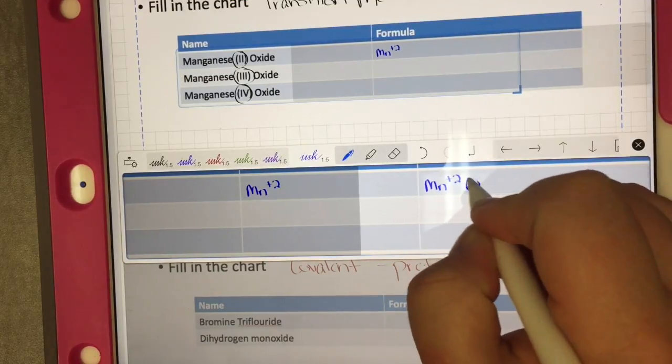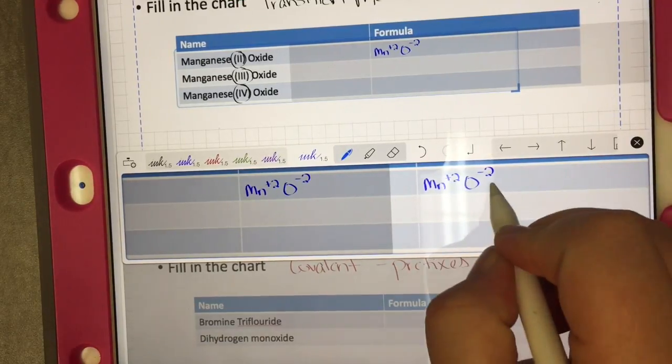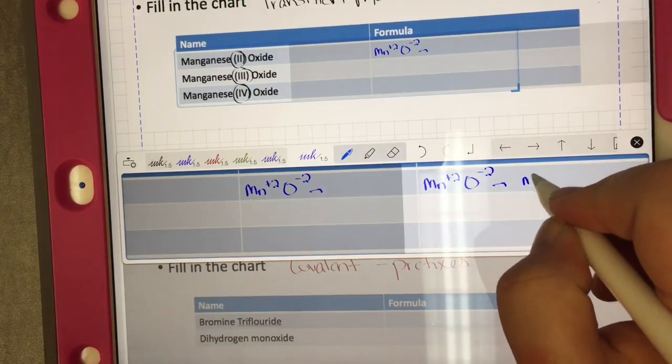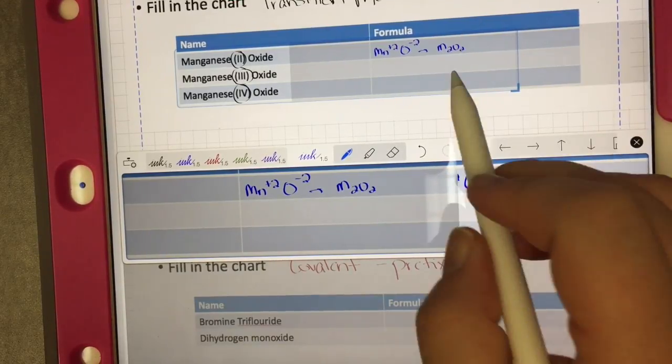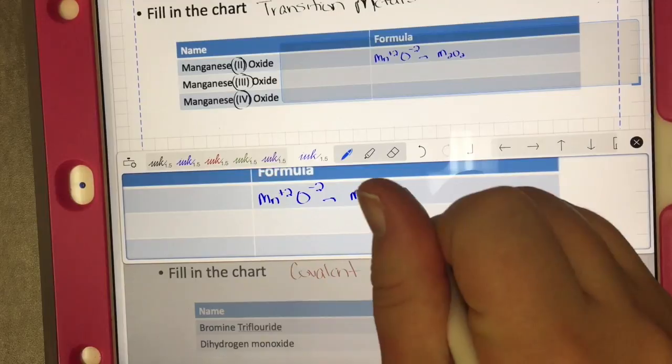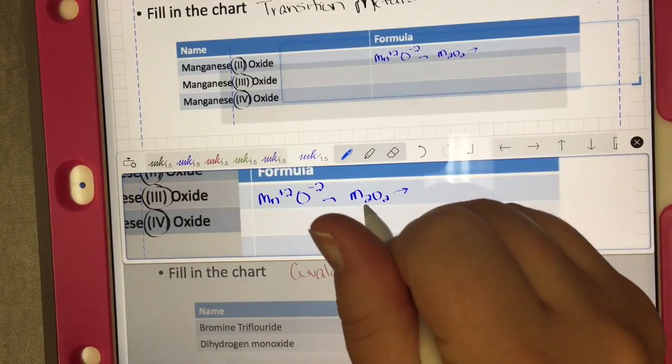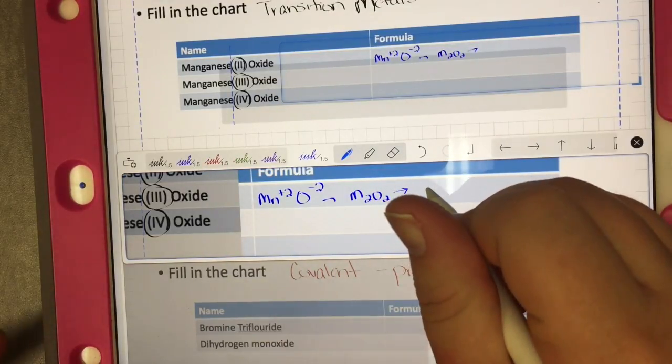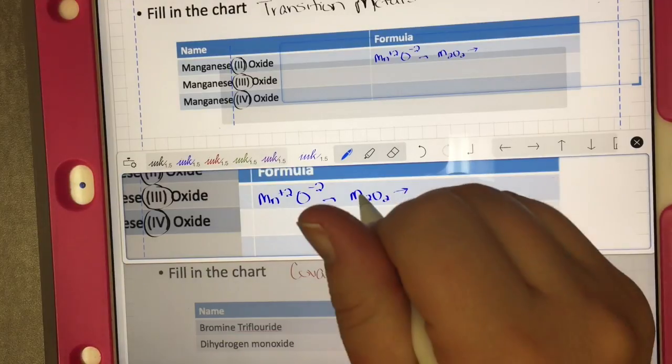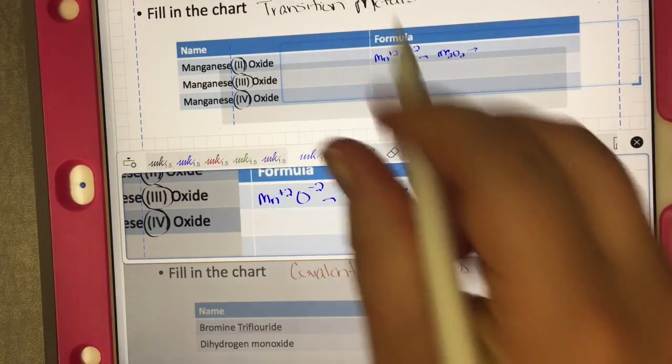And oxygen is -2. If we cross our charges, we're going to get Mn2O2. Sorry, that should be an n, Mn. But we want to reduce that down, right, because these are both divisible by 2.